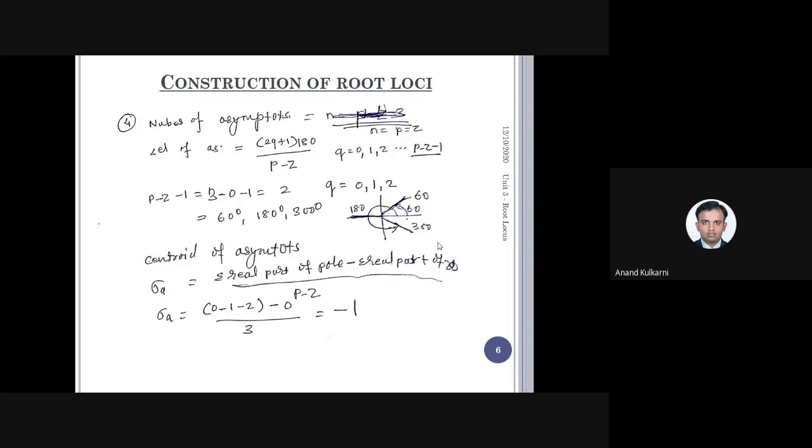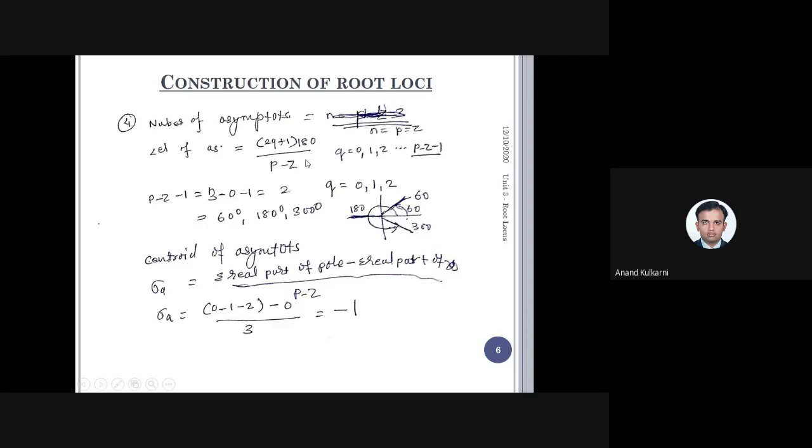So we'll find the starting point and angle. First, to find the angle of those straight lines, there are 3 asymptotes now, so 3 angles can be calculated by the formula given here: (2q plus 1) into 180 degrees divided by number of poles minus number of zeros.